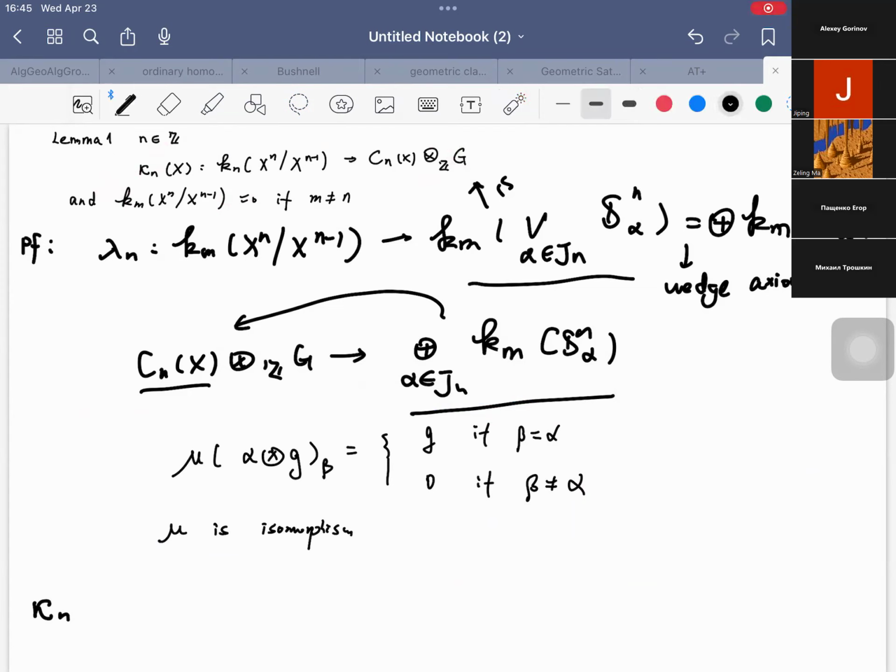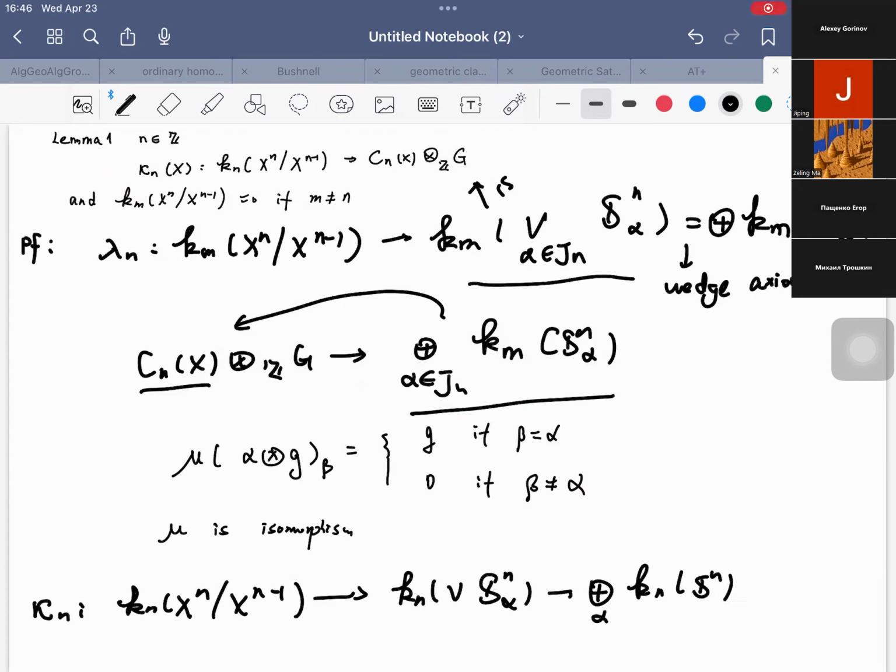You can consider kappa n as the composition of the following maps: first from the X to the K_n wedge product, and then you go to K_n, then you go to the C_n X. Maybe we can call this mu, because in the next step we will use this map.